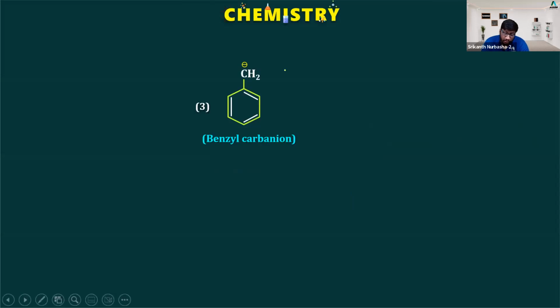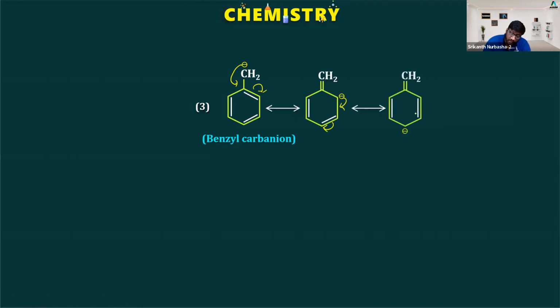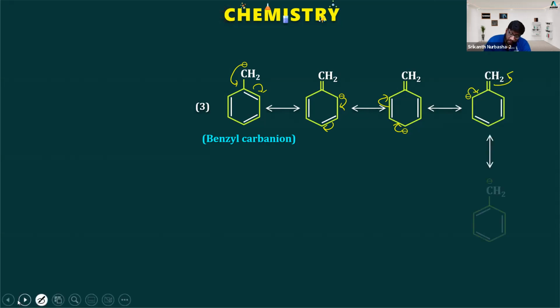In the benzyl carbanion, we have the C6H5 group connected with CH2 minus. The negative charge comes into pi electron density, moving away. Again, the negative charge comes into pi electron density, moving away, and the resonance hybrid will be in this fashion.